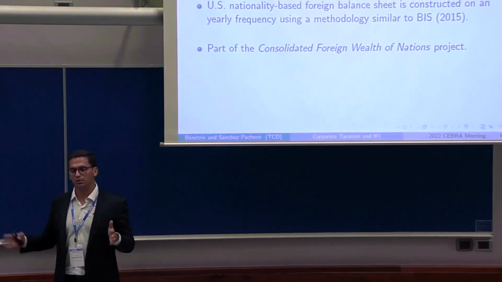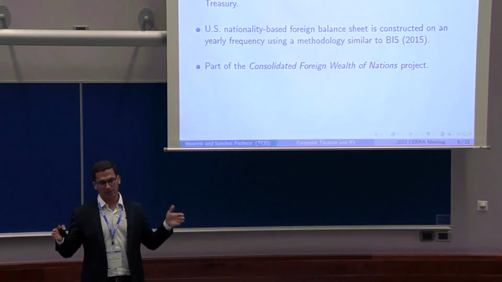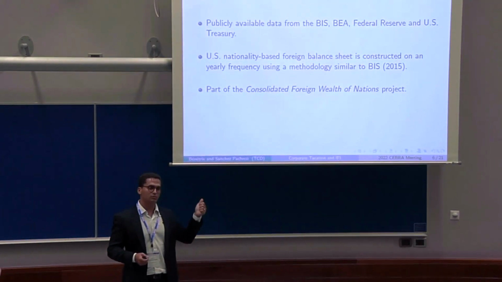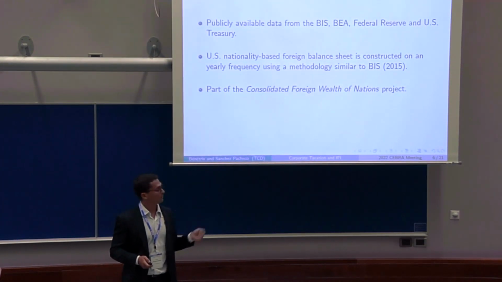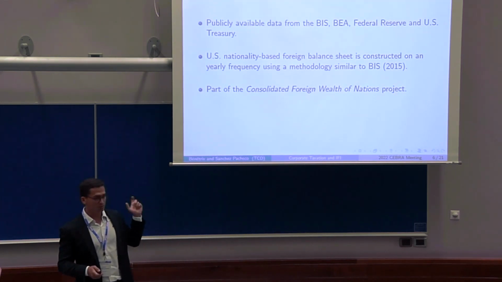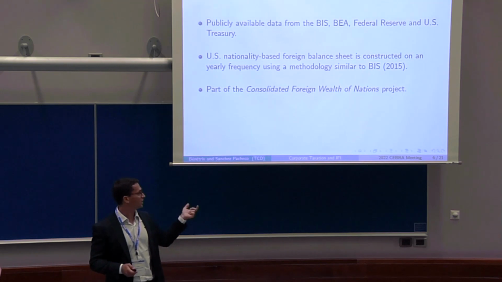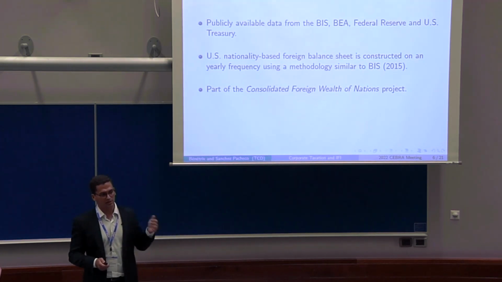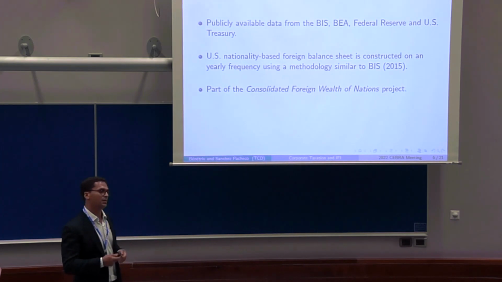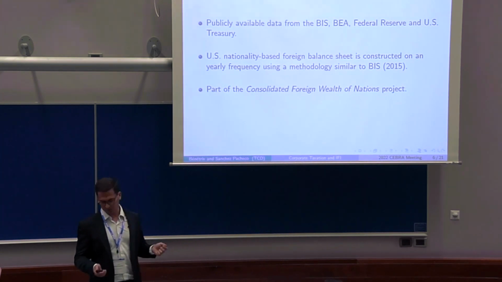We take that methodology and extend it for this 20-year period. This is one key data contribution of this paper. Let me pause here and say that this paper is part of the larger Consolidated Foreign Wealth of Nations project that seeks to construct estimates of foreign assets and liabilities from this consolidated by nationality approach for multiple countries.